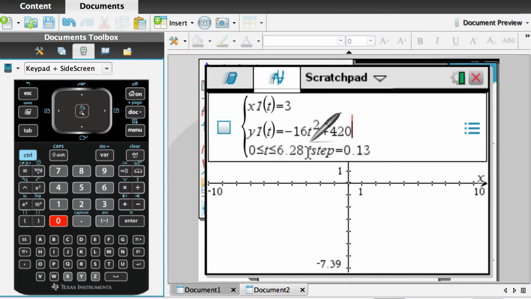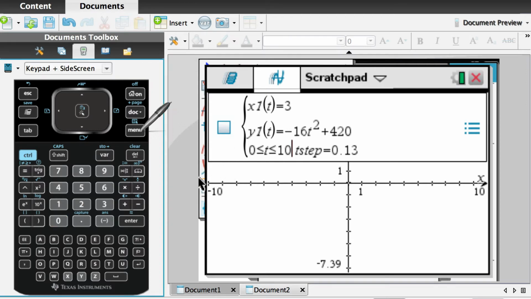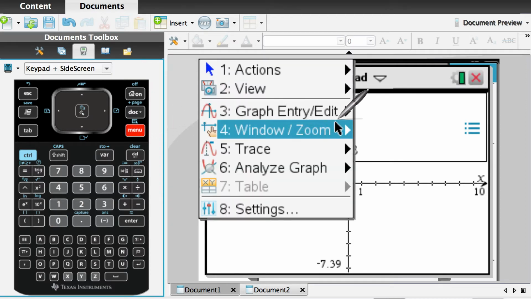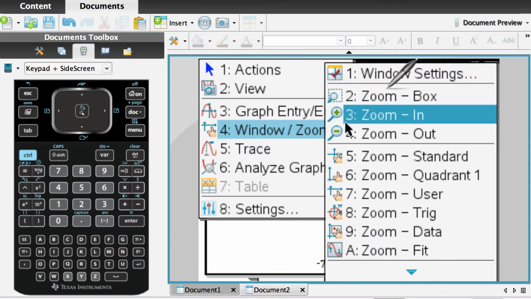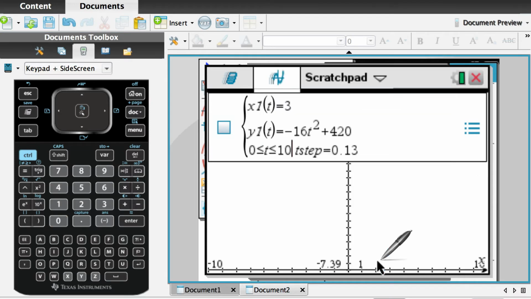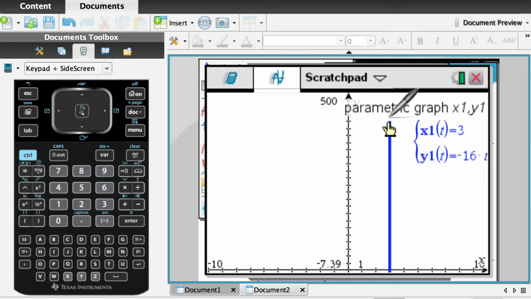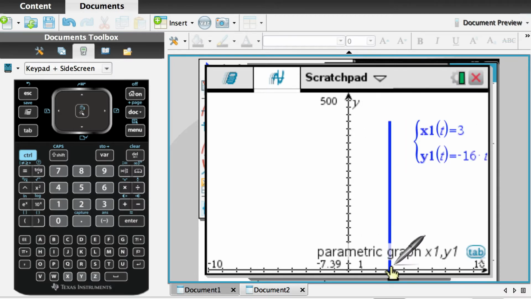And we will change our time to go from 0 to 10 seconds, although it shouldn't take 10 seconds for it to fall to the ground. And then we'll hit menu and window settings, and our x is simply x, and our y, we'll just change that once again to 500, and then we'll hit OK, and we'll hit graph, and notice now that the ball falls straight down from its initial height all the way to the ground.